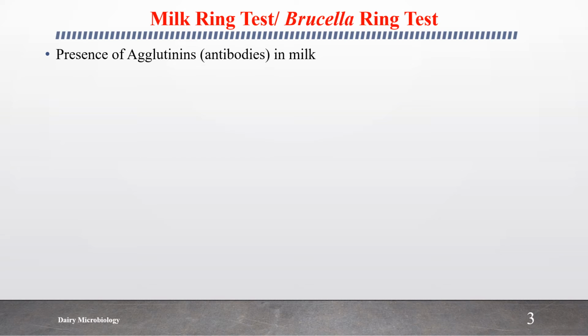Milk of cows suffering from Brucella infection of the mammary glands may contain Brucella agglutinins, that is, antibodies.